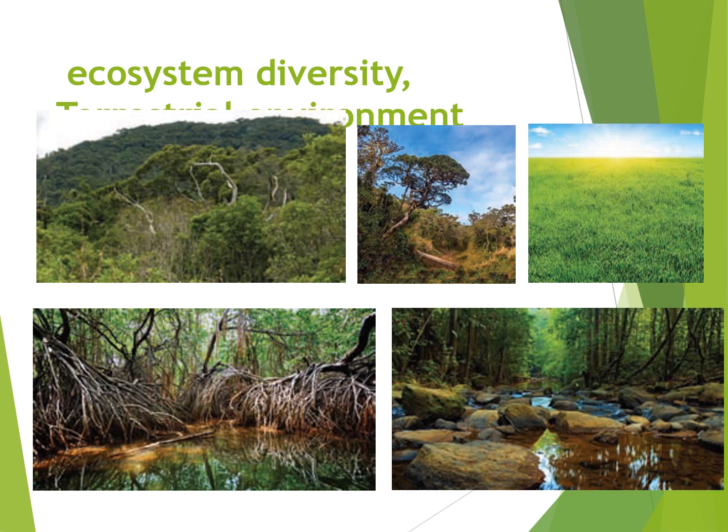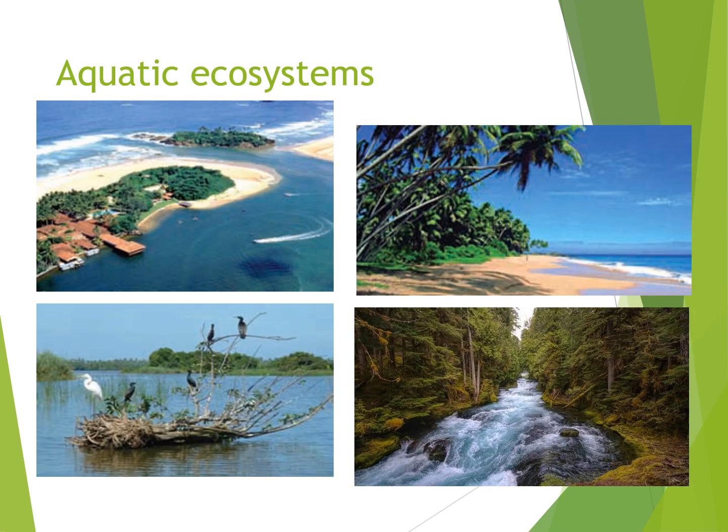If we take the terrestrial environment, we can see forest, grasslands, some mangrove areas. The aquatic ecosystems, we can see seashore environment, then marine environment, brackish environment, and rivers.